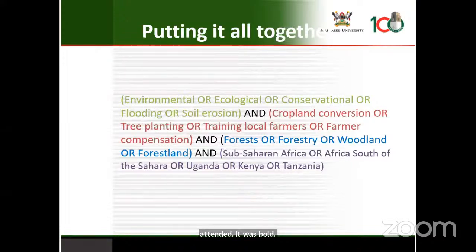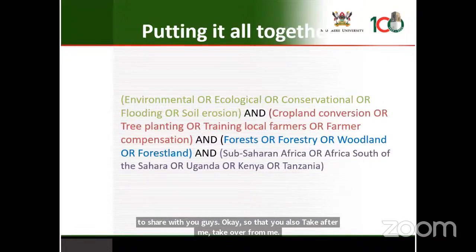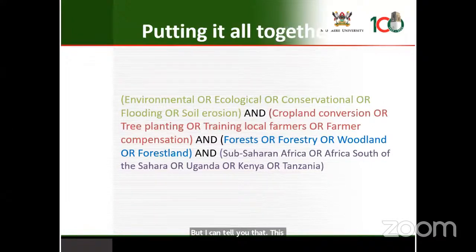I attended information retrieval specialist workshops. I attended so many things and I learned these skills. That is what I'm trying to share with you, so that you also take over from me. These skills are really relevant, but they are not taught at school, as far as I know, at least in sub-Saharan Africa.